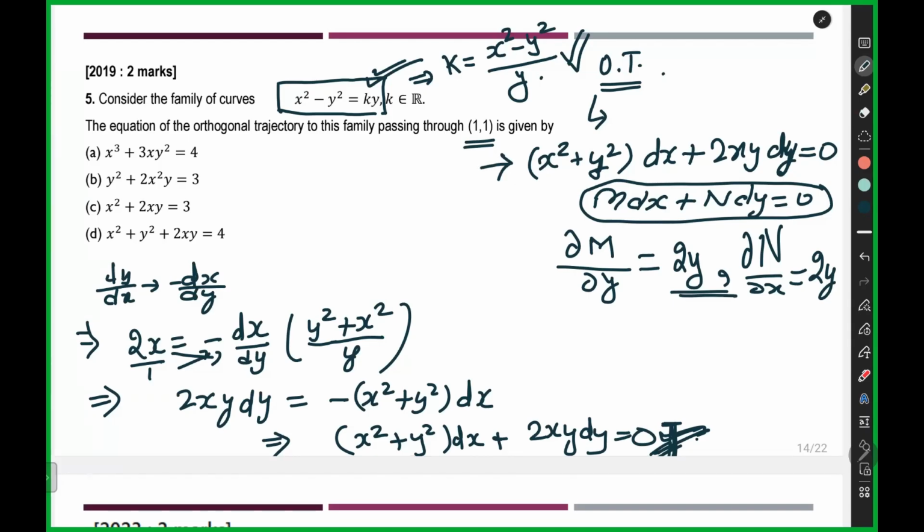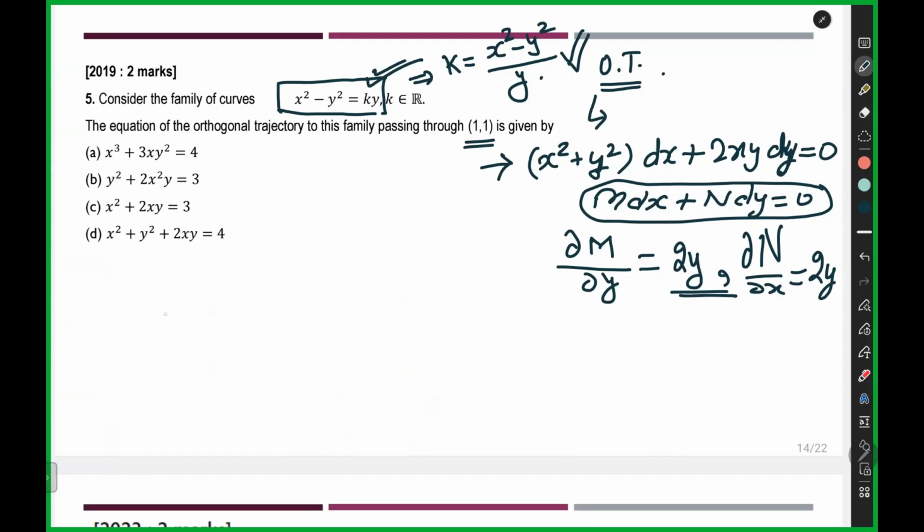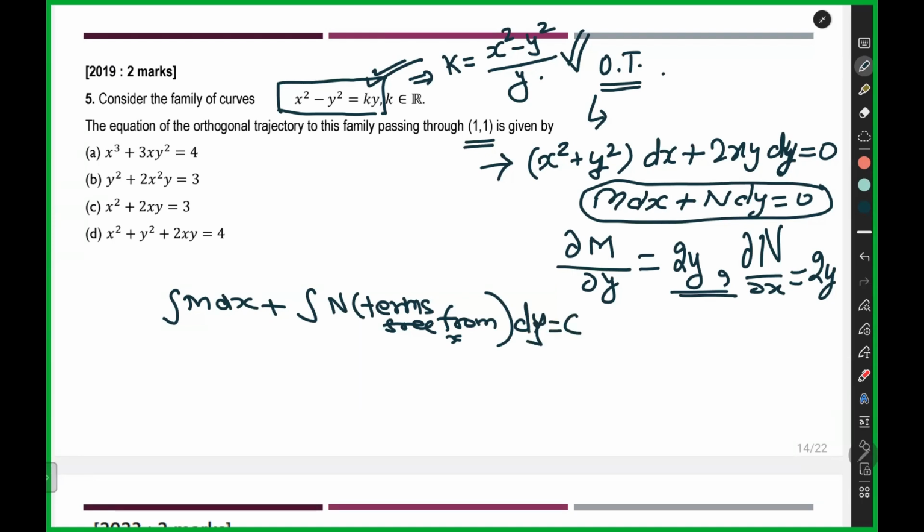So simply we can write the general solution for this. It is the integral of M dx plus the terms of N free from x dy equals some constant, where y is treated as constant.